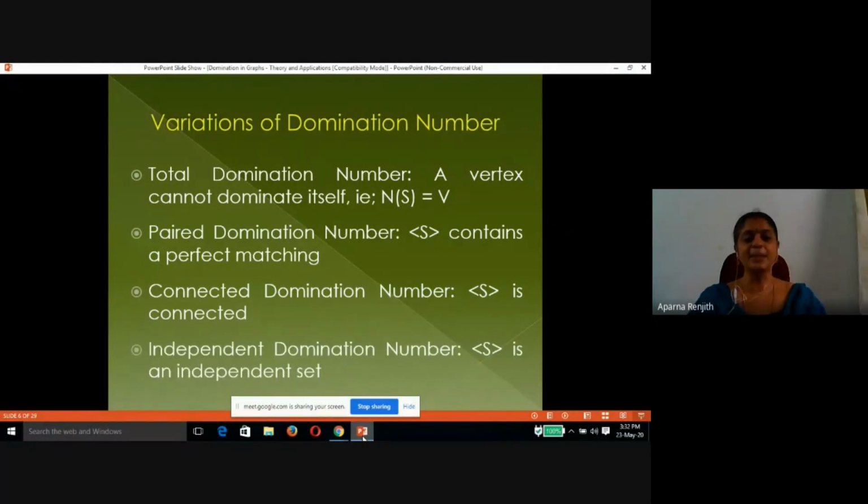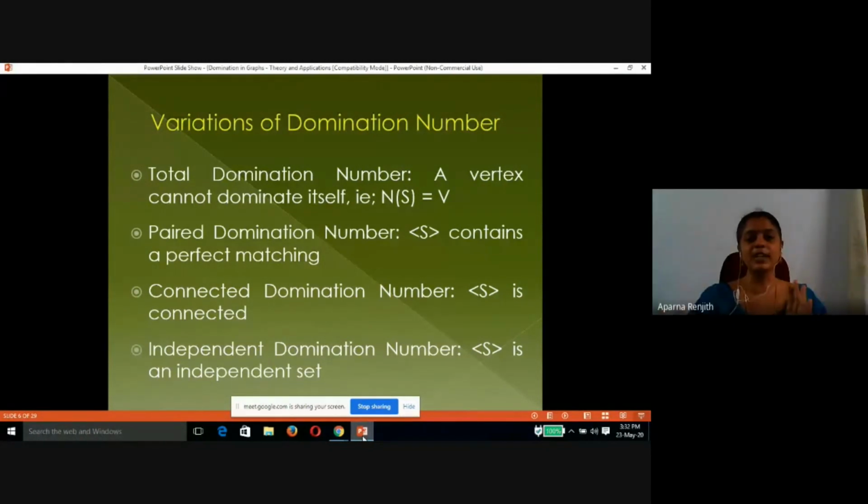Another thing is independent domination number. This is when the management requires some secrecy. Securities are to be placed and every place is to be monitored, but the management wants to make sure that these securities do not communicate with each other. The only communication is with the management.